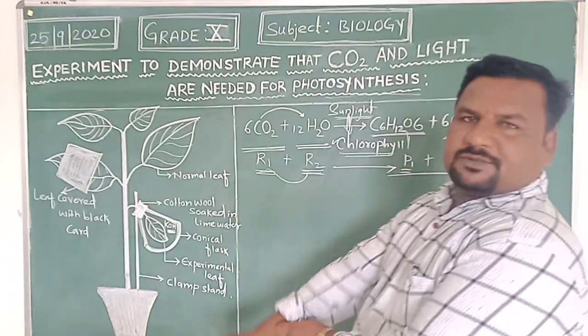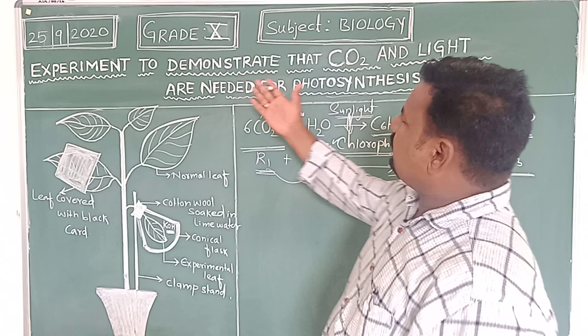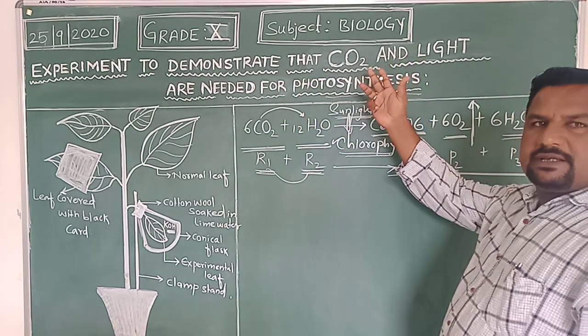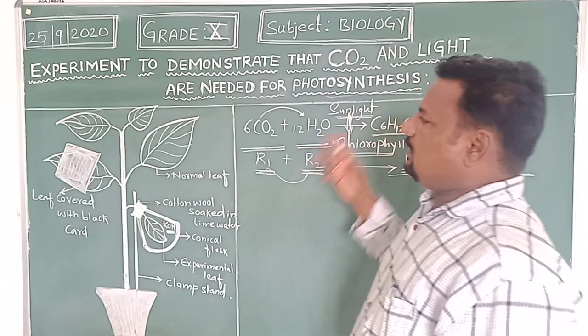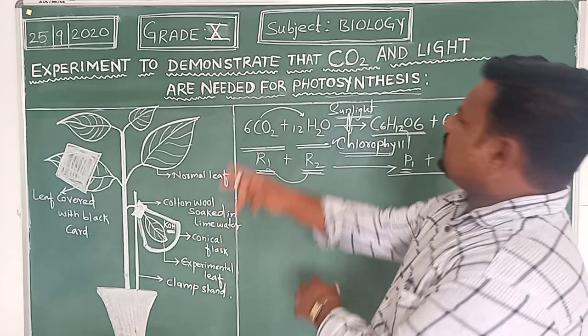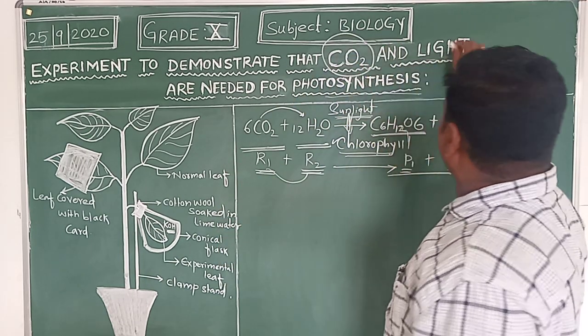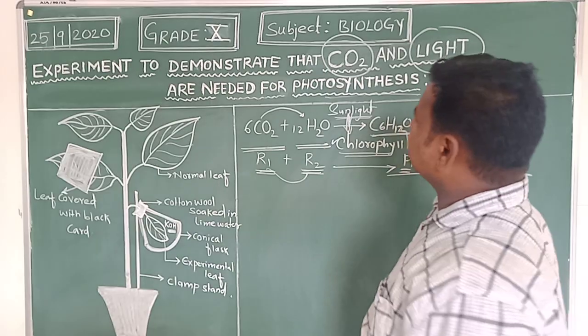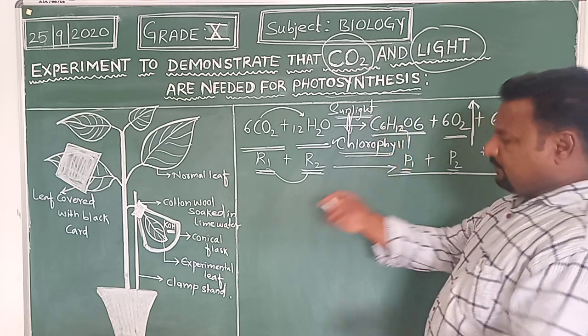In our previous class, we discussed how we can demonstrate that oxygen is liberated or evolved during photosynthesis. We are here today to discuss the experiment to demonstrate that carbon dioxide and light are needed for photosynthesis.